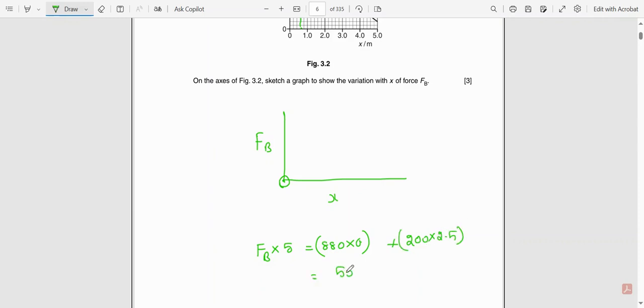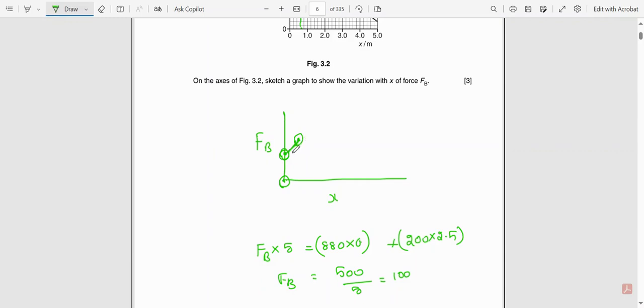So what will we get? 500. FB will be 500 divided by 5, so it will be 100. Okay, 100 may be here, right? So I'm going to take that 100 here. And then we have already calculated that X is 0.5 gives 188. So I'm going to take another point here.